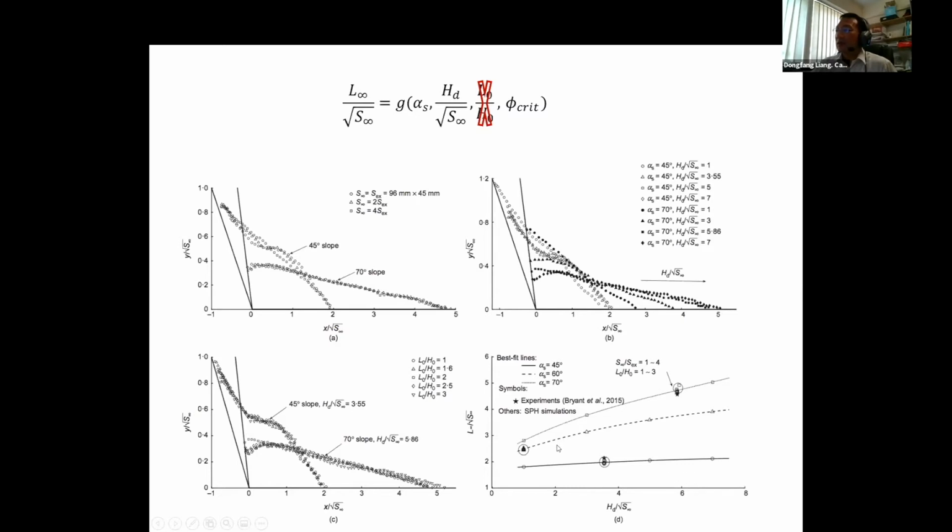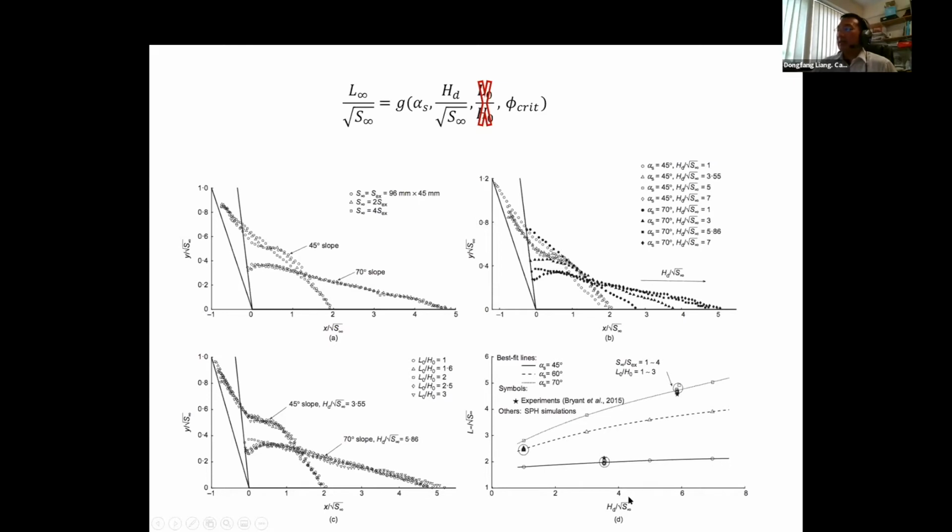For all the slope angles, the relationship is not linear. When the non-dimensional drop height is sufficiently large, the non-dimensional runout distance approaches a constant value.